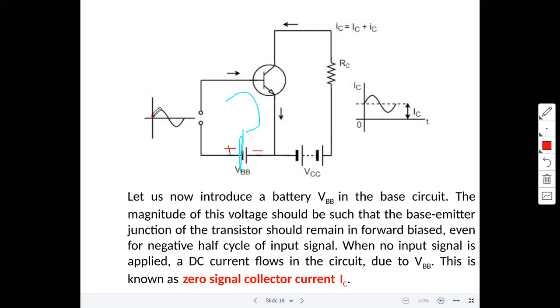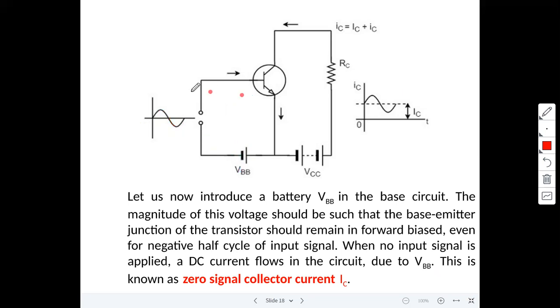Now what happens whenever we apply some AC input signal? This is actually taking place at the input side also. Due to this bias, during the positive cycle, no problem. During the negative cycle, what happened? Already we applied the bias voltage. This is about VBB.